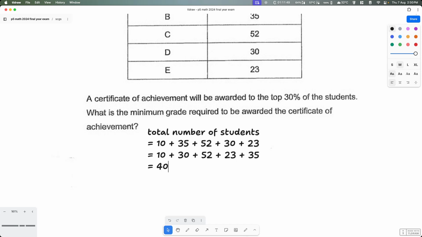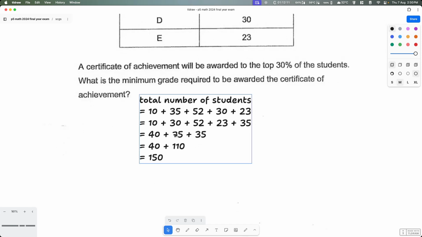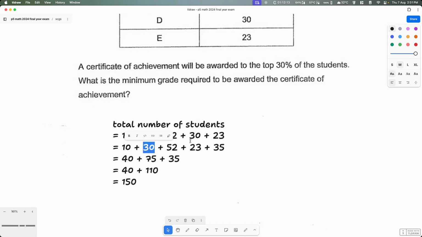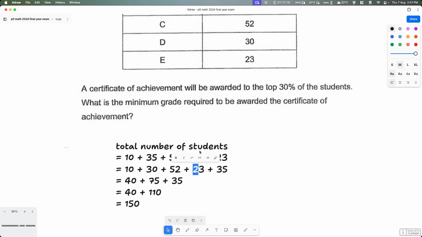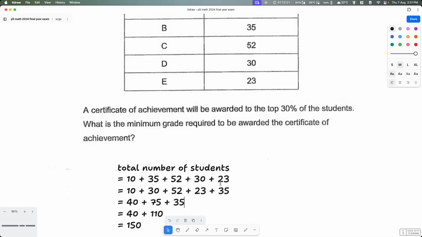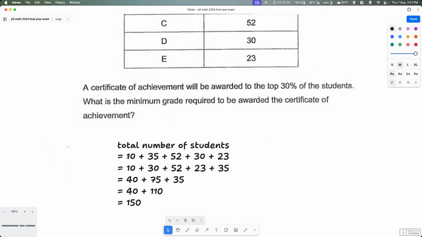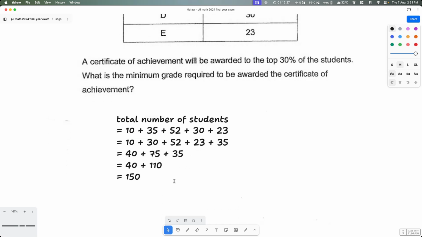So this will be 40 plus 52, this is 75. 75 plus 35 is equal to 110. What? And then this was 150. Let me double check. 30 over here, then 52, 23, and 30 and 35. Okay, so if I call it 45, this should be it.